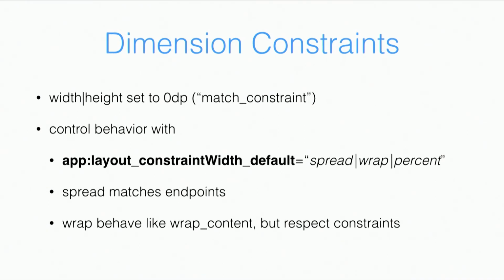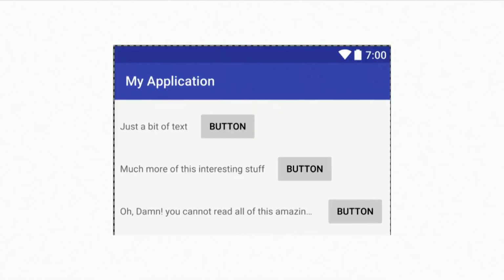So one difference with wrap content and using 0dp and wrap is that if you are not too constrained, it will behave the same. Meaning if you have enough space, it will behave the same. But if your widget does not have enough space with wrap content, because we consider it internally as just a fixed dimension, it can actually go beyond the bounds of your container.